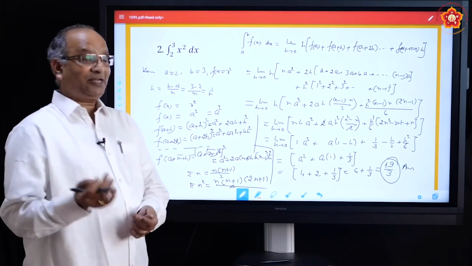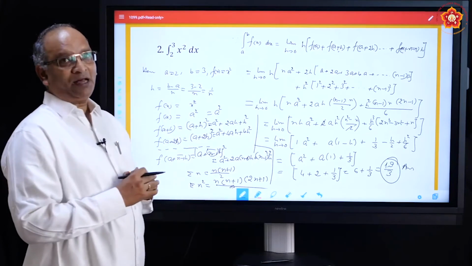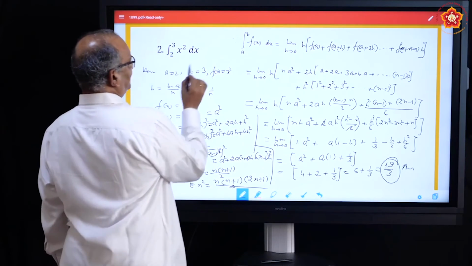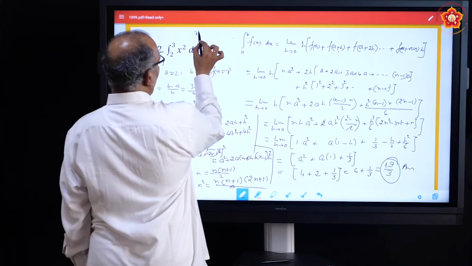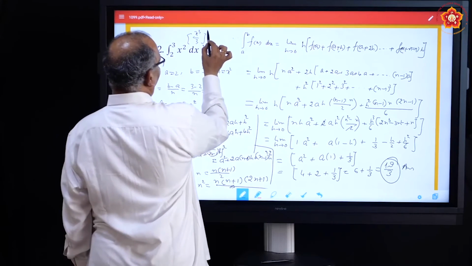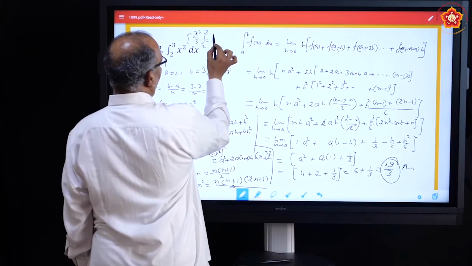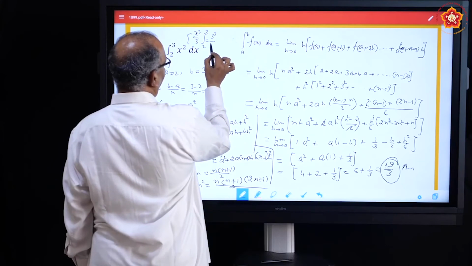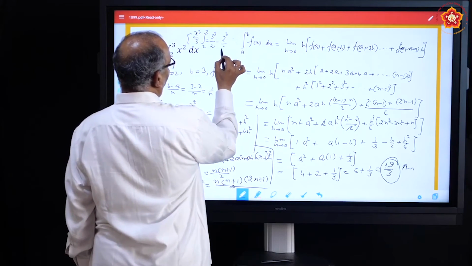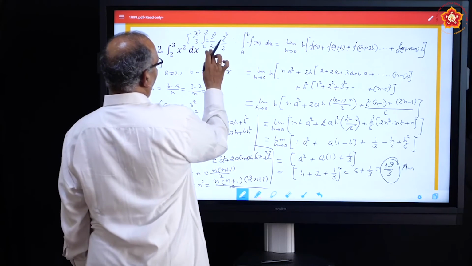You can also obtain this directly. How do you get the answer directly? Very simple. What is the integral of x square? It is x cube by 3. What are the limits? 2 to 3. So what you will get? 3 cube by 3 minus 2 cube by 3.